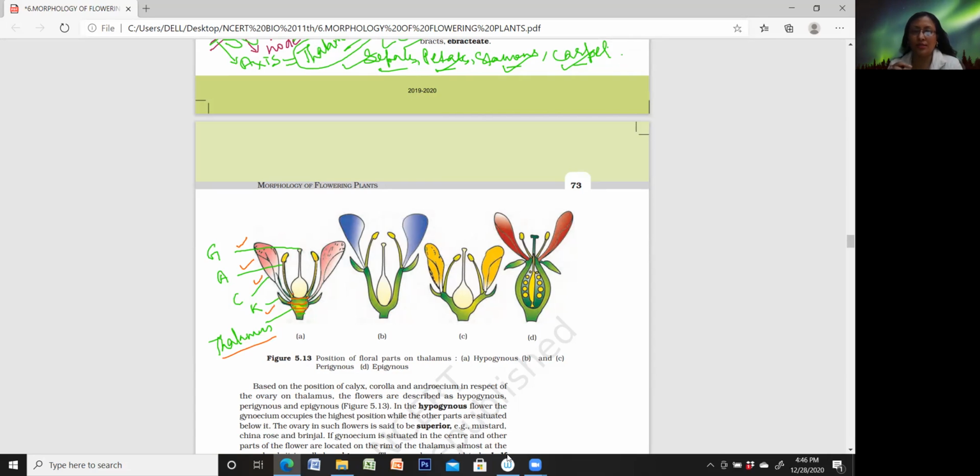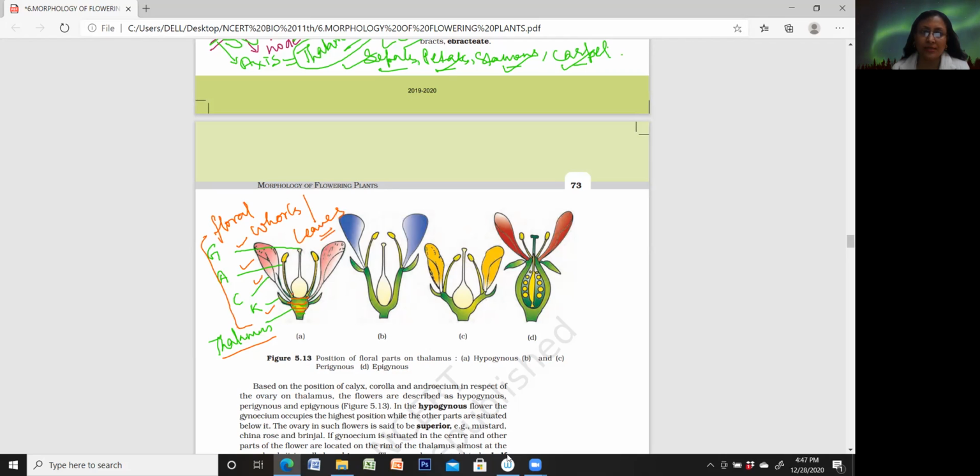But these nodes are now pretty close because this whole thing is very condensed. And the nodes are now circular. Since they are circular, you call them floral whorls. So these four, KCAG, are even called the floral whorls. These are nothing but the leaves, floral leaves, but in whorls.